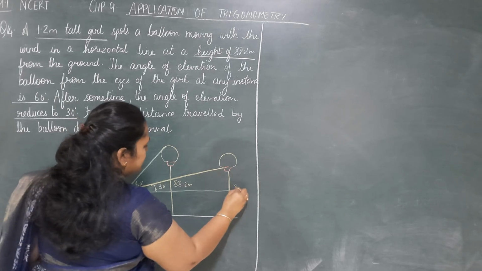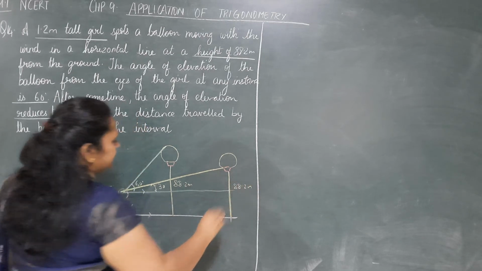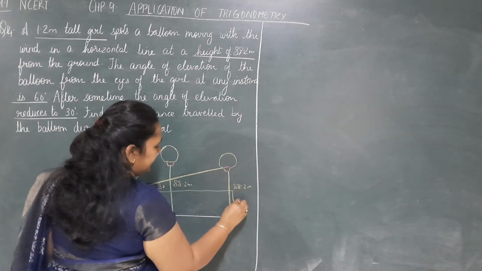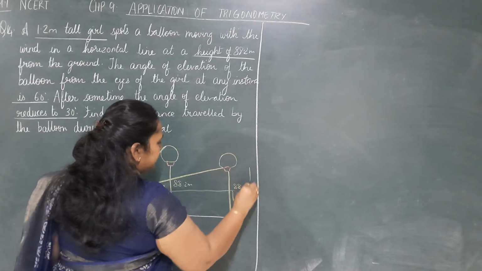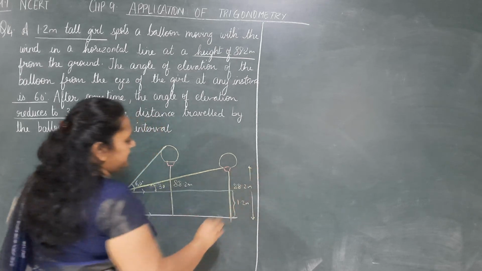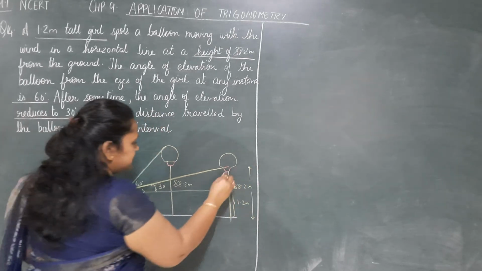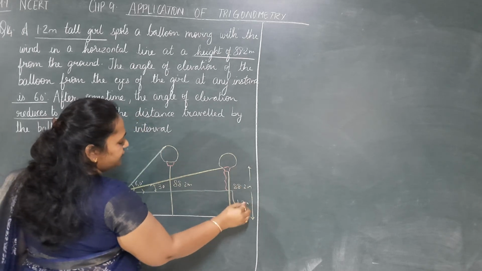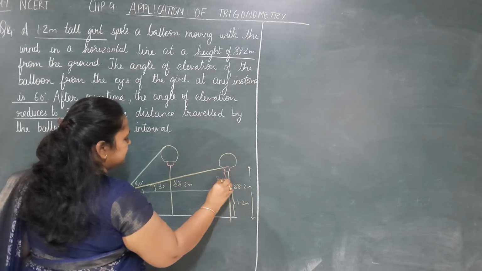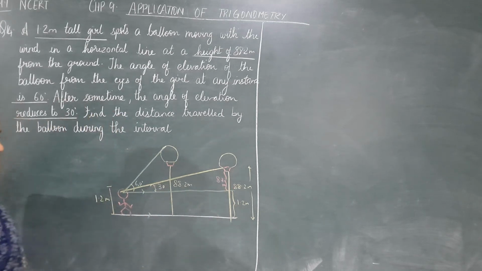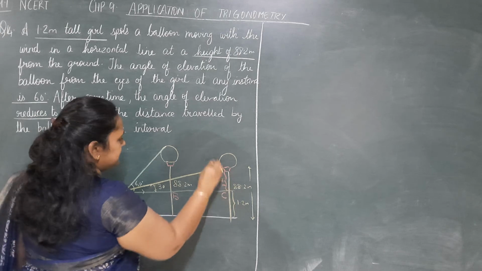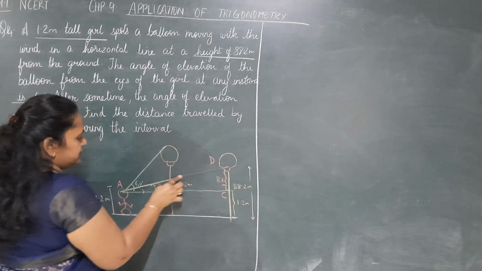The balloon is at the same height of 88.2 meters, of which this represents the height of the girl, and that is 1.2 meters. The entire thing is 88.2, so this distance is 88.2 minus 1.2, which is 87 meters. Right? Let's label this as A, B, C, D, and E.